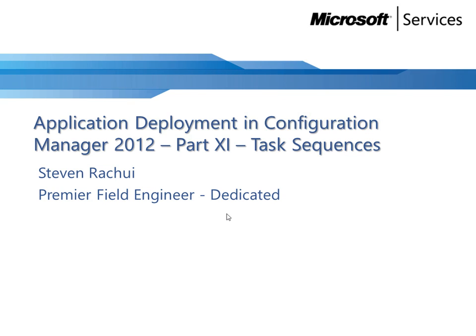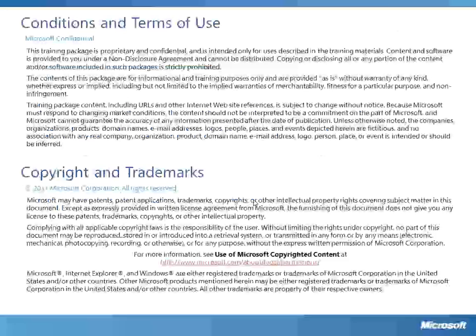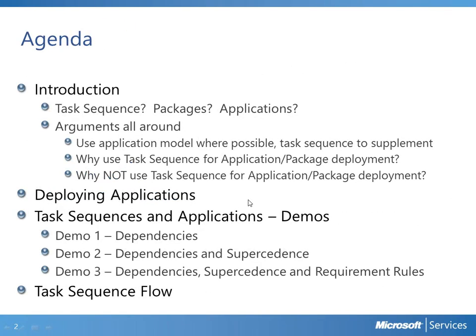Today's discussion is part 11 of an ongoing series talking about application deployment in Configuration Manager 2012. Today's focus will be on the use of the task sequence engine for deploying applications. Now, I use the term application generically, so applications certainly could include packages.